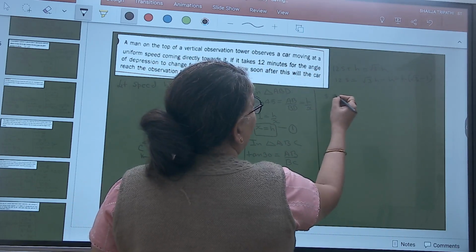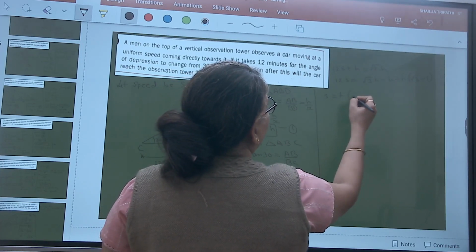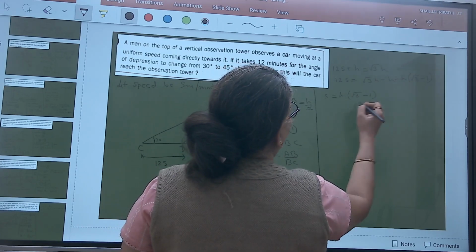Now S is written as H into root 3 minus 1 divided by 12.